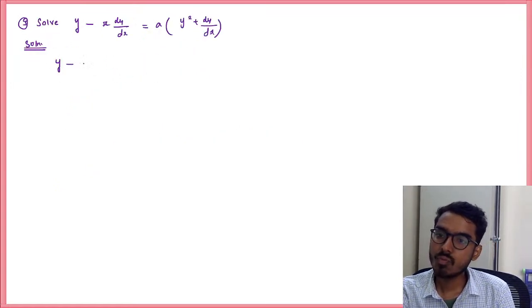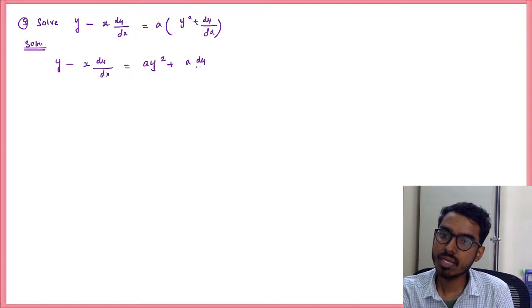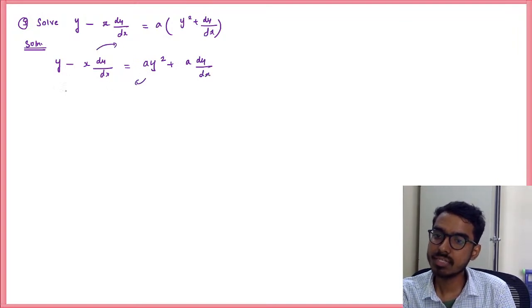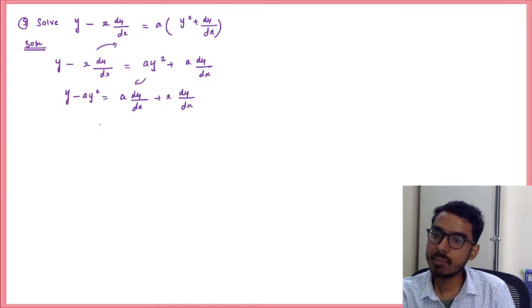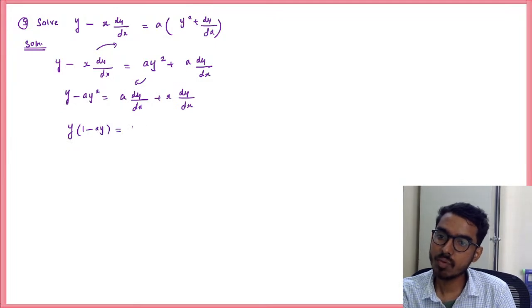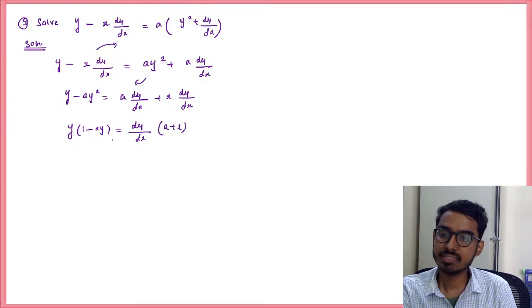So we have y minus x into dy by dx, a into y square, a into dy by dx. Take this term that side, bring this term that side. So you will have y minus ay square is equal to a into dy by dx plus x into dy by dx. So if I take this dy by dx, we have a plus x.